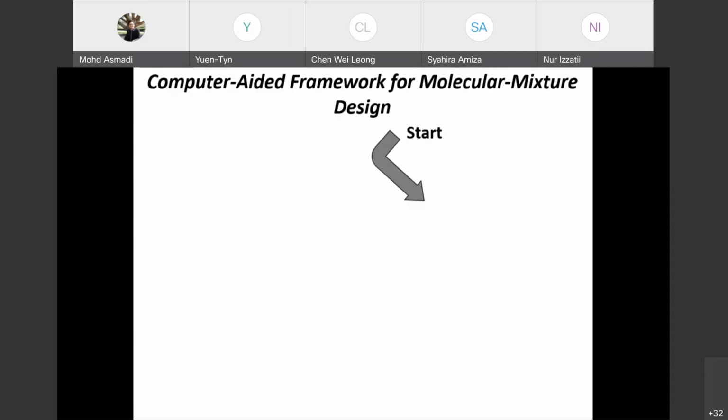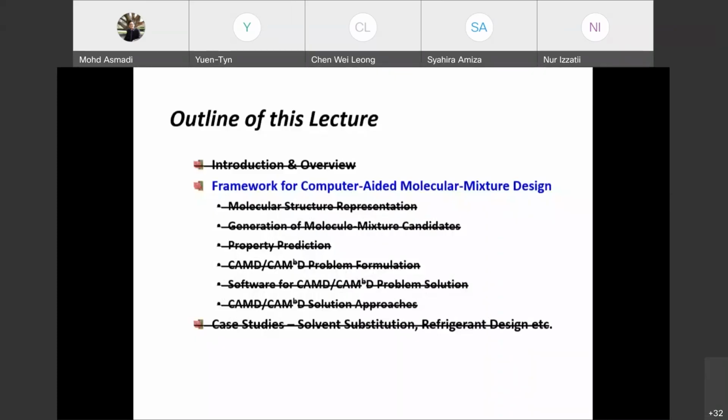So today we will discuss the framework for computer-aided molecular and mixture design, the steps that we have to consider before we do the product design.